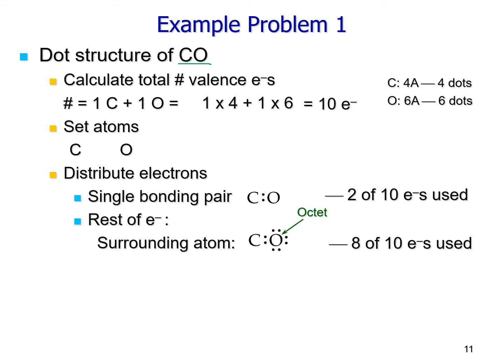So in 3 pairs. Alright, so that's a total of 8 electrons that we used, and remember we have 10 electrons. So we're going to give the 2 electrons to carbon. Now we used up 10 electrons.